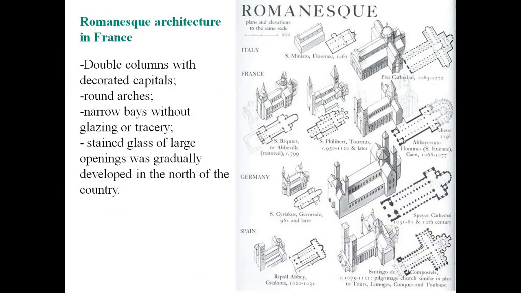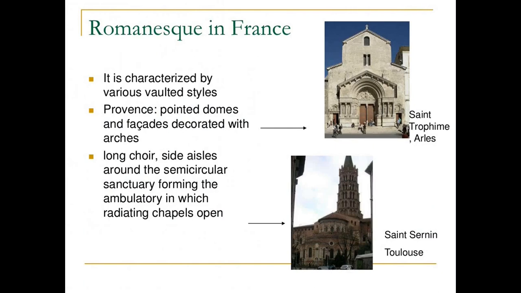Among some features in different countries, we understand that Romanesque architecture had some national specificity. For example, in the architecture of France, we can see the usage of double columns with decorated capitals, also a wide range of round arches, a narrow base without glazing or tracery, and stained glass of large openings gradually developing in the north of the country.